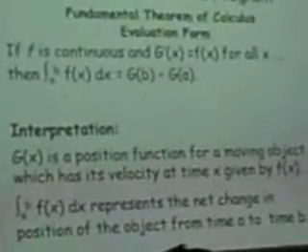So in the evaluation form, we've got a continuous function, and it's the derivative of something, and it tells us that the integral is going to be the net change in that thing. So here's the interpretation: g of x is a position function. Great. So the derivative of the position is the velocity.